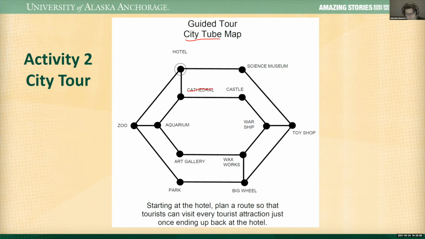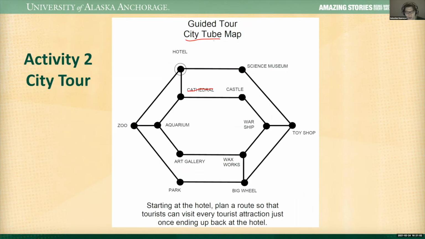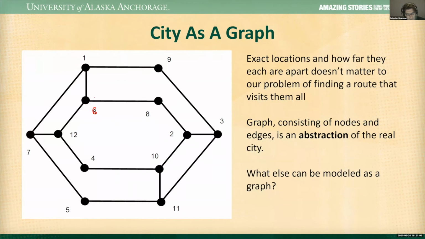Instead of calling it a cathedral, let's call it node 6. Instead of calling it a science museum, let's call it node 9. Now each node has a number associated with it, and we have nodes connected to each other. Now we have a graph with labels instead of words and places.